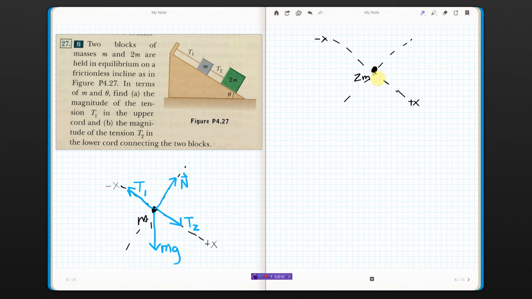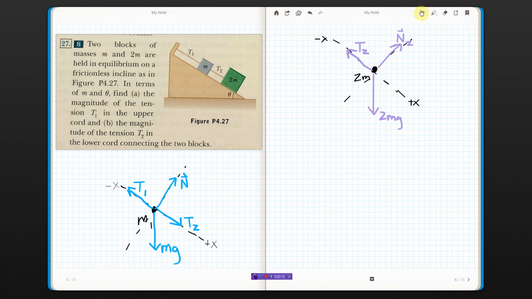We have gravity. This one is mass times gravity, and the mass is 2m, so it's going to be 2mg. We have the normal force. It's a different normal force, so I'm going to put a 2 here. And then up the ramp I've got T2, the same T2 as the last diagram, and that's it.